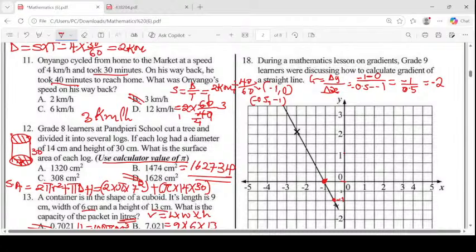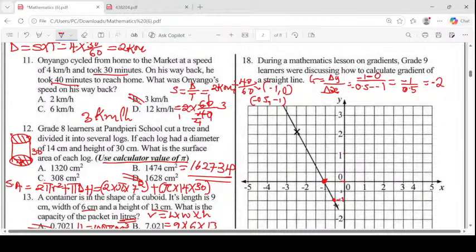So here you have change in y, -1 minus 0 over negative 0.5 minus negative 1. So that's like saying negative 0.5 plus 1, which is 0.5, divided by negative 1.